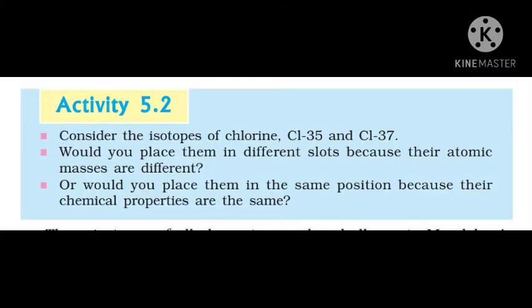Activity 5.2. Consider the isotopes of chlorine, Cl-35 and Cl-37. Would you place them in different slots because their atomic masses are different, or would you place them in the same position because their chemical properties are the same?